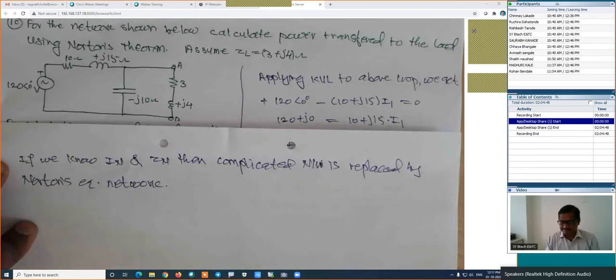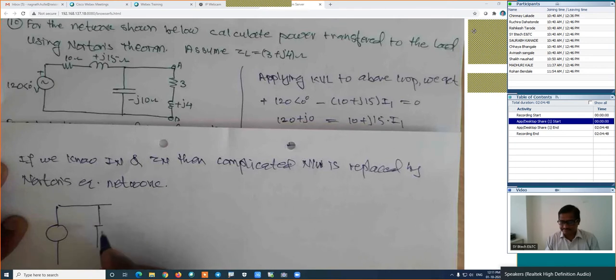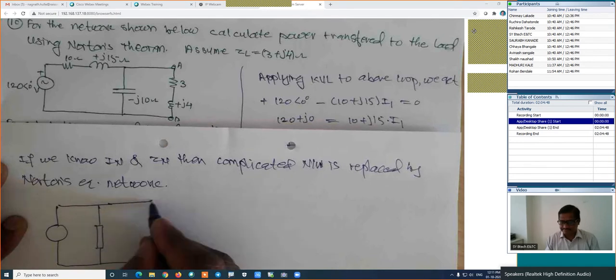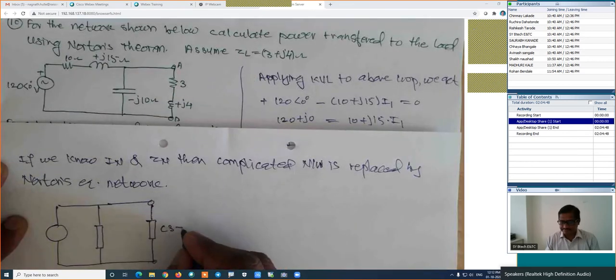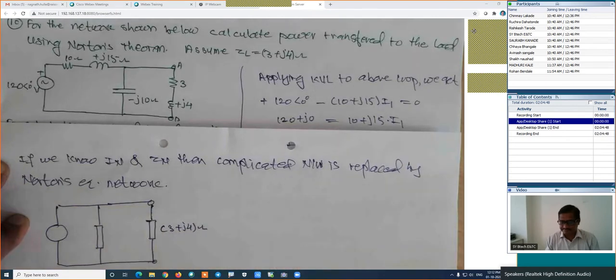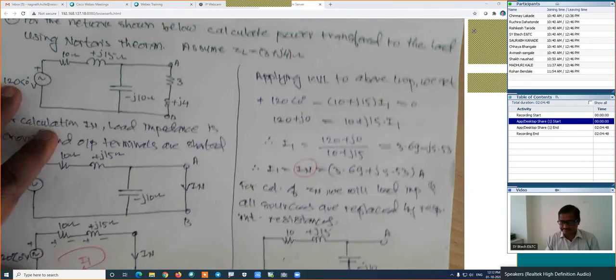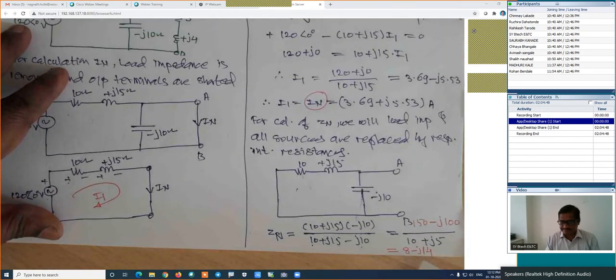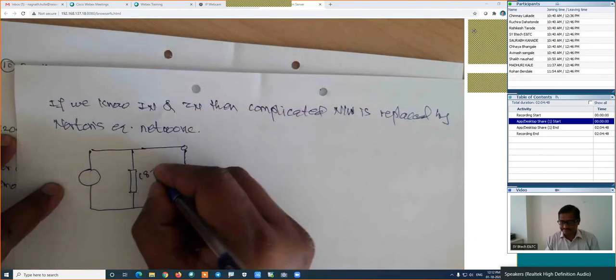How will the network be in this case? This is impedance. When we don't know its nature, whether it is inductive or capacitive, we can write something like this. And here is the load impedance, which is removed in the first step. We will connect here. This value is 3 plus J4 ohm, the load. How much is the value of Zn, which we have calculated? The value of the Zn is 8 minus J14.